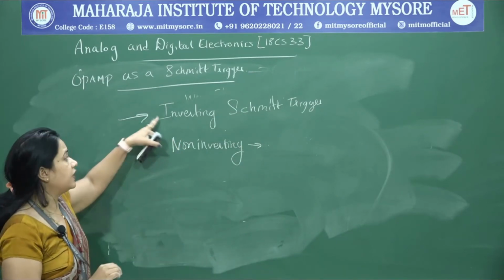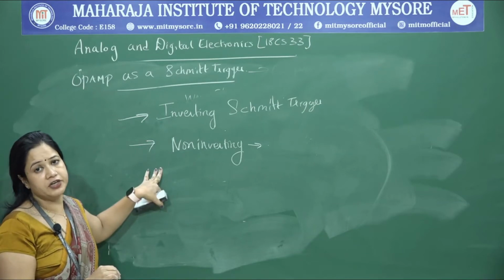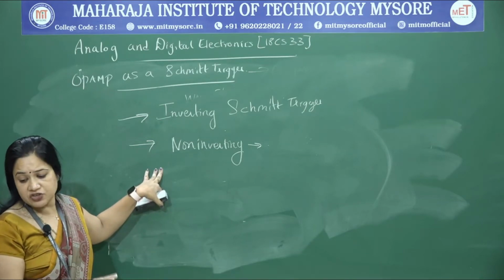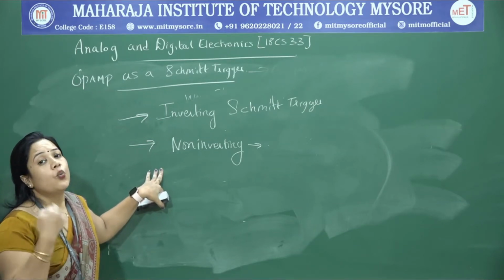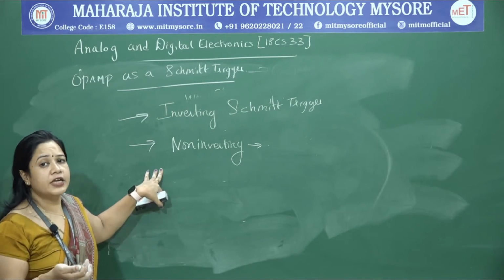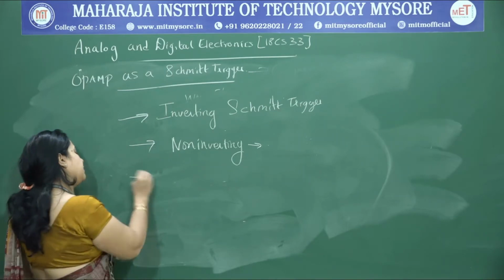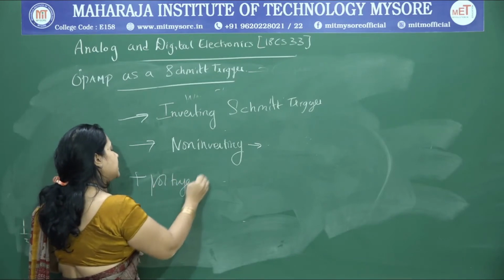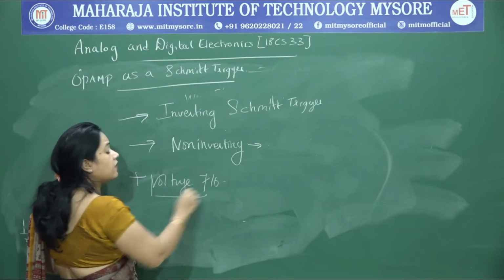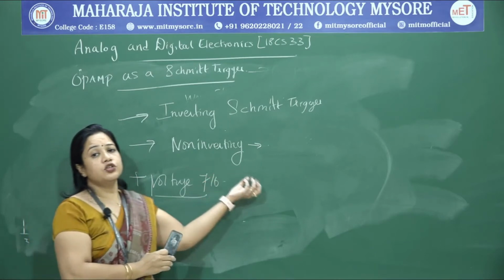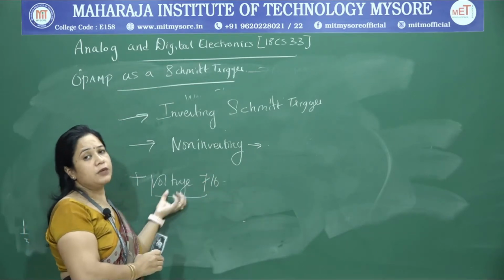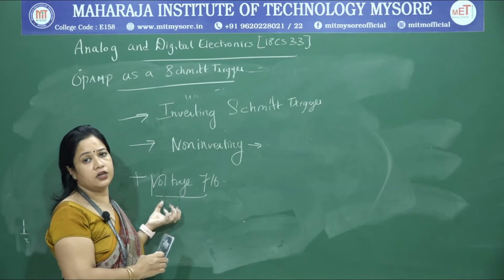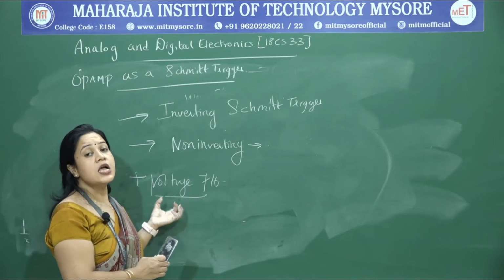Whether inverting or non-inverting, Schmitt triggers are circuits with positive voltage feedback. What do I mean by positive voltage feedback? A portion of the output is connected back to the positive terminal, or the non-inverting terminal, of the input.